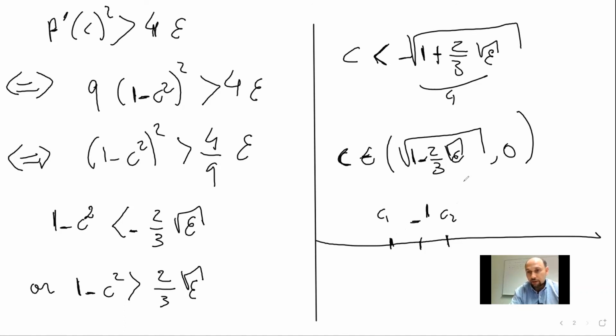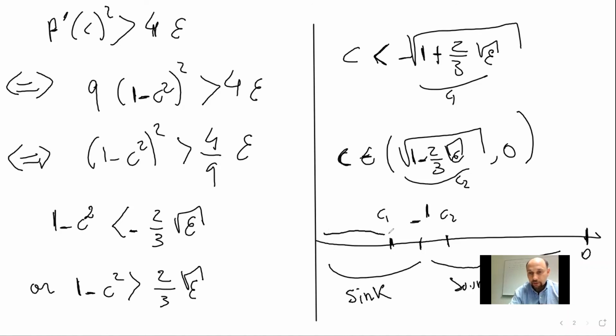And considering only C negative, here I have a sink. Here it's a source. And so here it's a node. It's a node. And here it's a focus. All right.